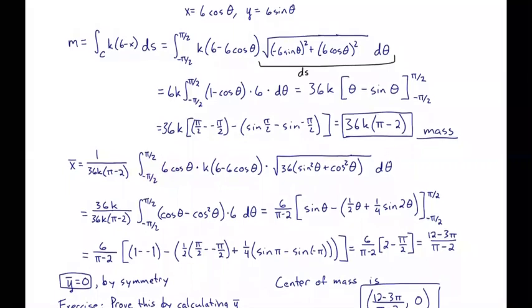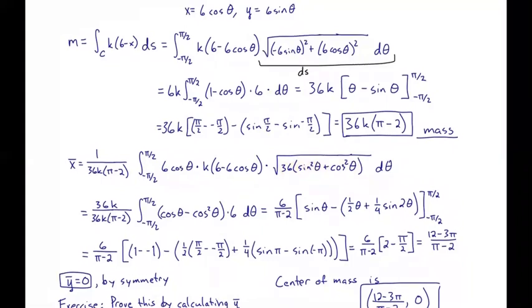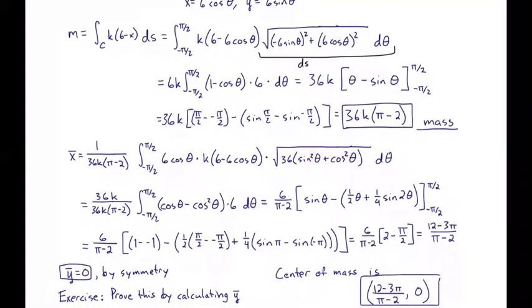So I've shortened it. 6 squared times each of these functions of theta is 36 times sine squared plus cosine squared theta. That's a 1 for the trig identity. And we have square root of 36 d theta, which comes out as a 6.